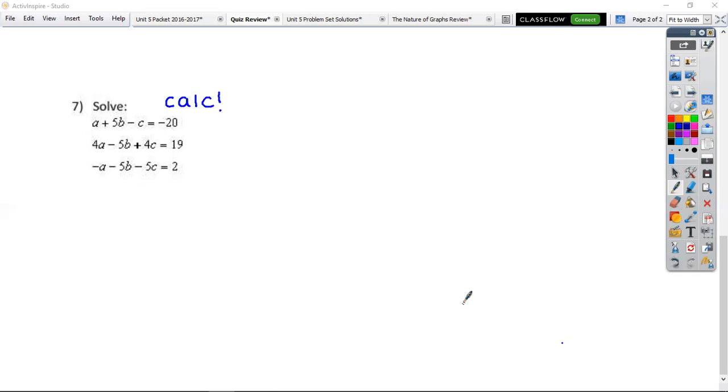First row should say 1, 5, -1, -20. Second row is 4, -5, 4, and 19. And last row should be -1, -5, -5, and 2. Is everyone in? Okay. Once your matrix is in your calculator, you are going to hit second mode to quit. And now we're going to run our operation here.